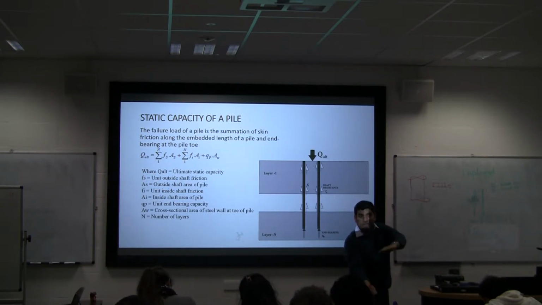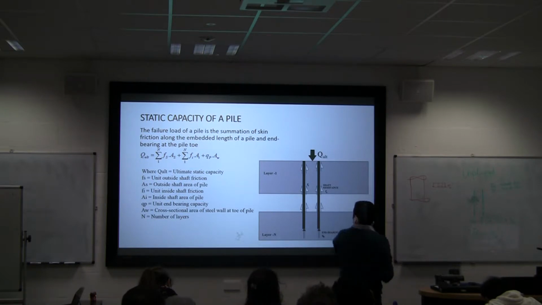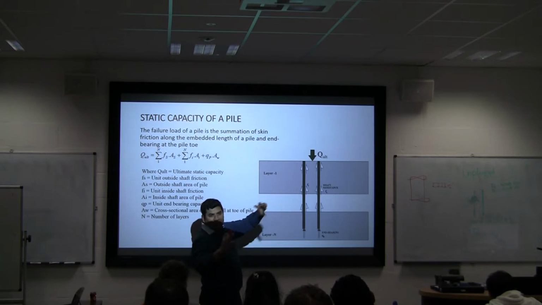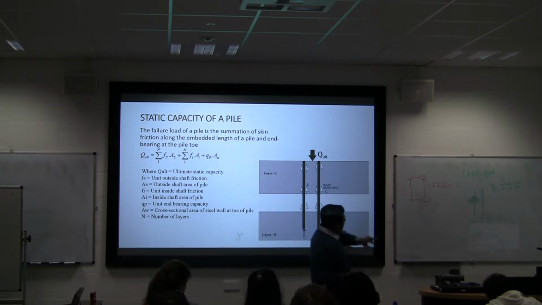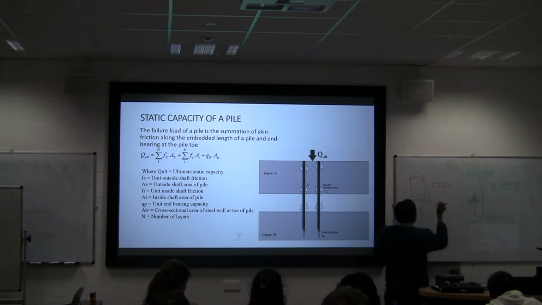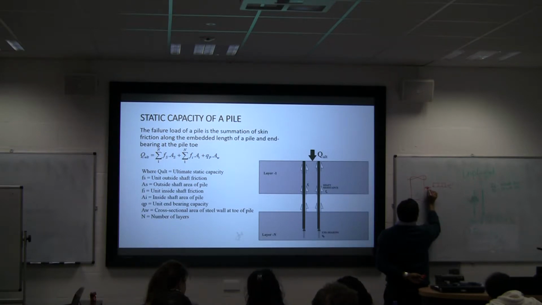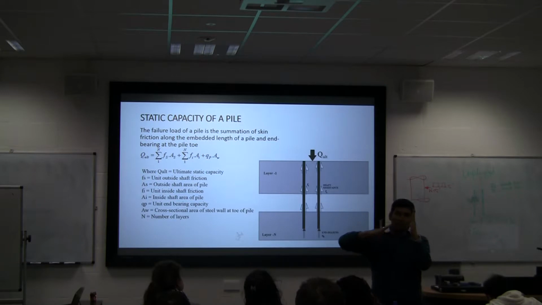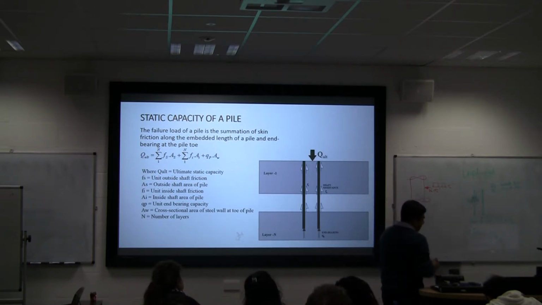It can be at any depth. So let's take the nth element. I can calculate that, and then I can also calculate the lateral stress there by multiplying by K, which is the earth pressure coefficient. So if I know the vertical stress, I can know the lateral stress.